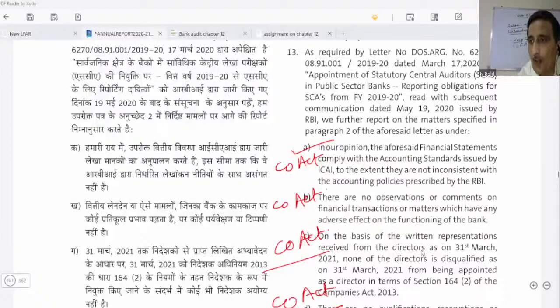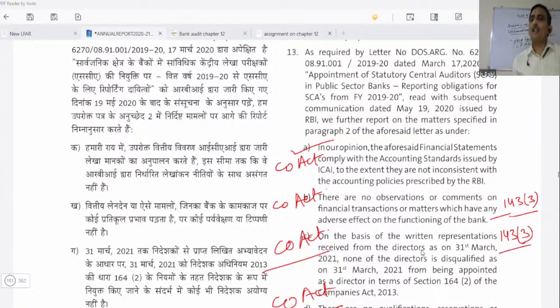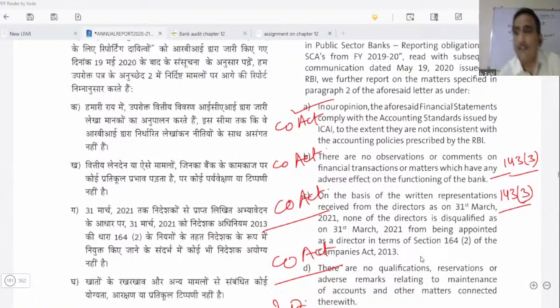Like there are no comments on financial transactions which have any adverse effect on the functioning of the bank. Now this is a 143(3) matter. This is also a 143(3) matter, that none of the directors is disqualified from being appointed as director. Okay, and there are no qualifications, reservations, or adverse remarks relating to maintenance of accounts and other matters.